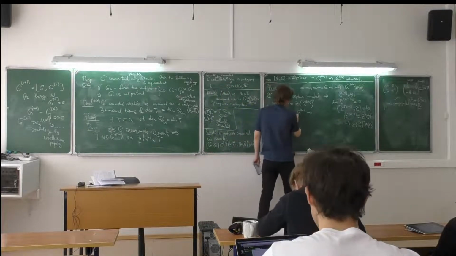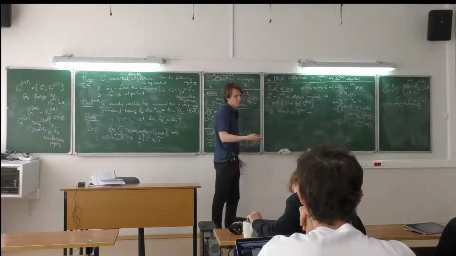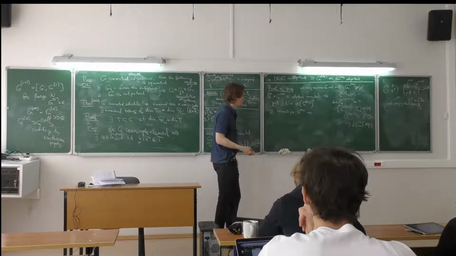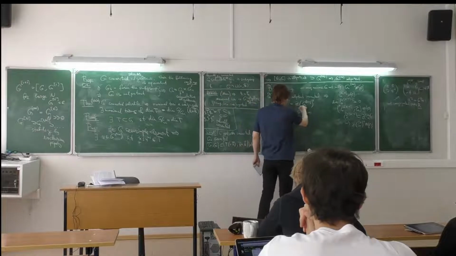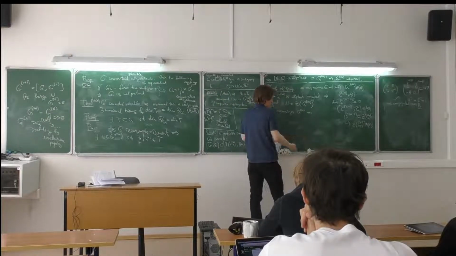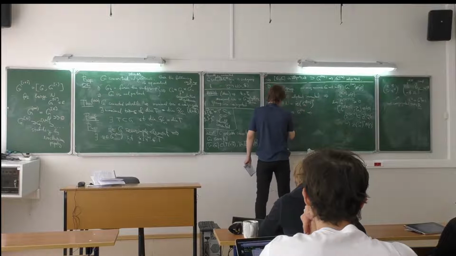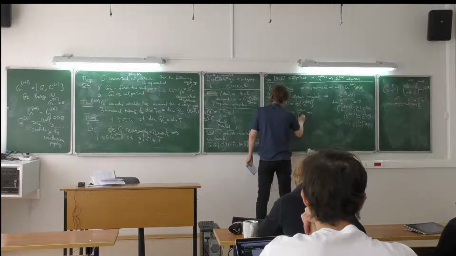So G normalizes G infinity, and then it normalizes all the objects that are defined via some relations. So then S normalizes the center.